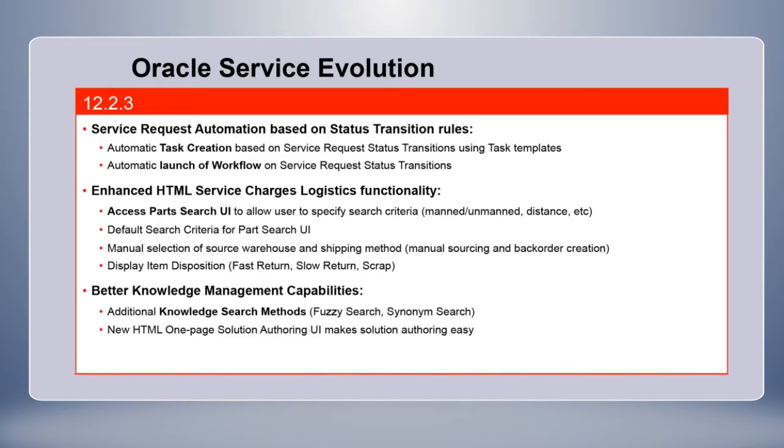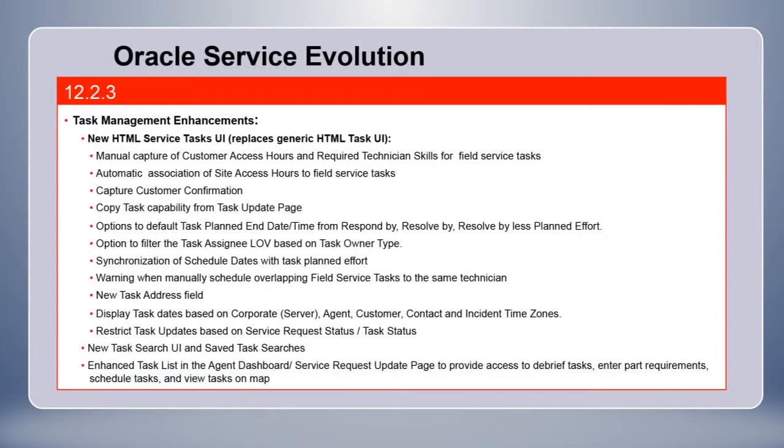Another thing we did in service in 12.2 is improve our knowledge management capabilities. We now have knowledge management search capabilities, fuzzy search, and so forth. We also came out with a new service task UI. The previous versions of our HTML solution used a generic task UI that did not have any of the service logic or capabilities in it.